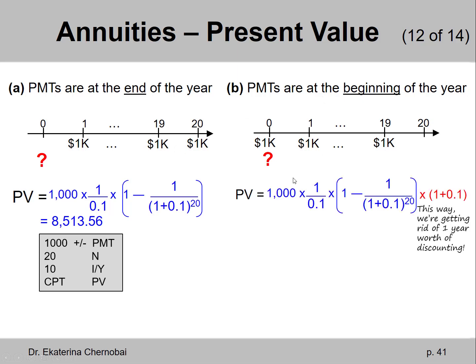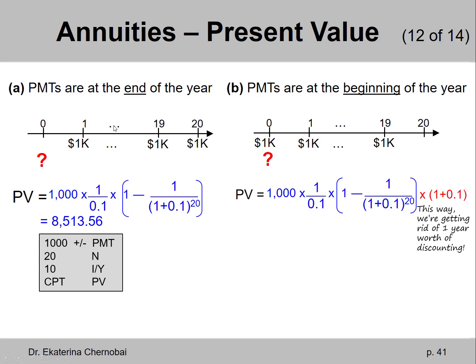And the way we should look at how that will affect our numerical answer is we don't need to discount those $1,000 cash flows so much, right? We want to undo 1 year worth of discounting for every single one of them, right?